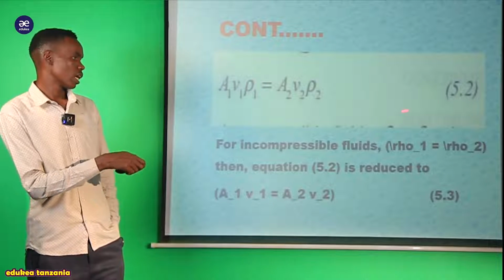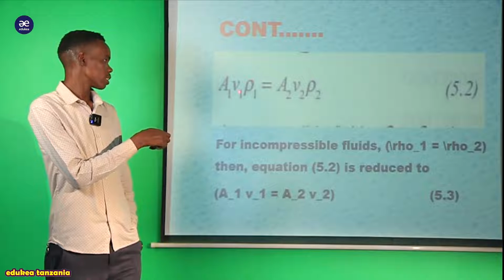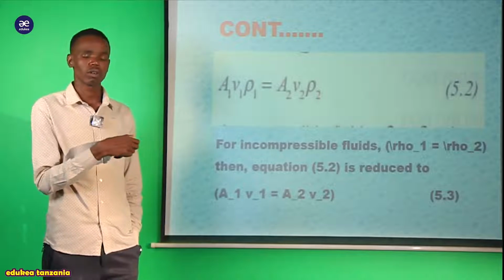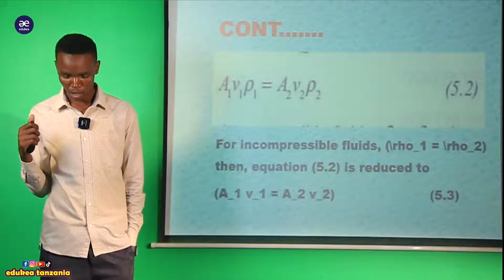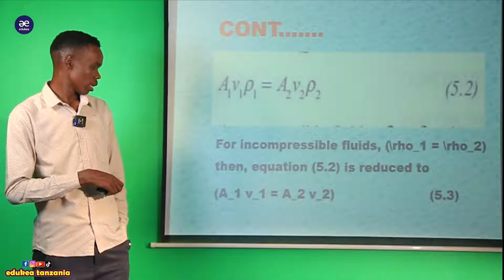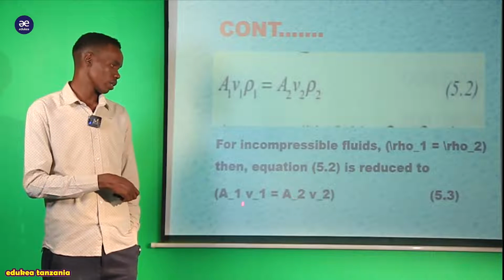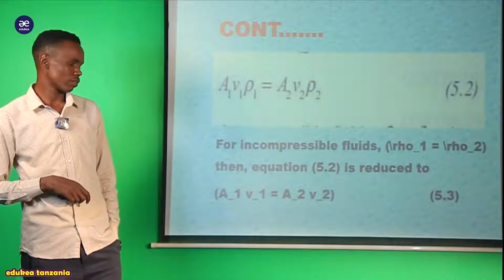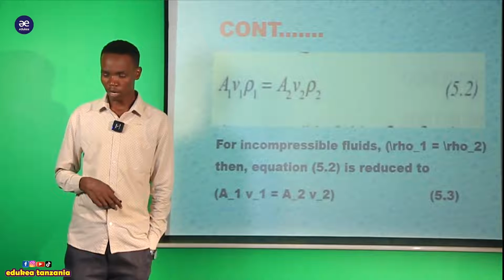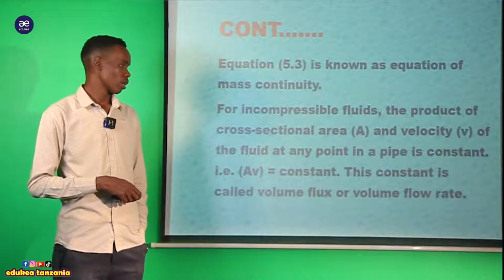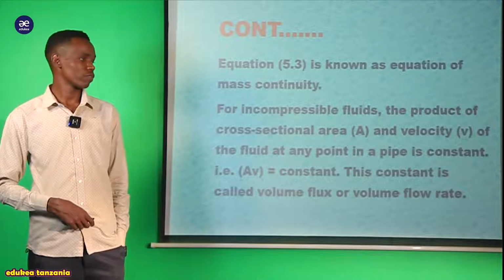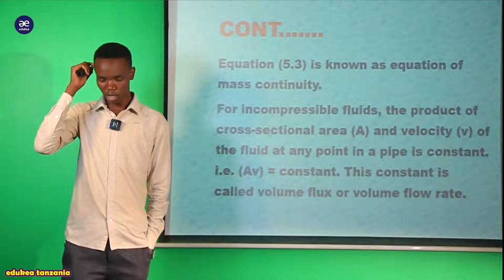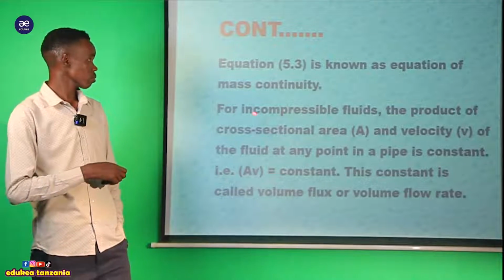So density 1 must be equal to density 2, and the remaining one, A1 V1 must be equal to A2 V2, and this will be our third equation for topic 5.